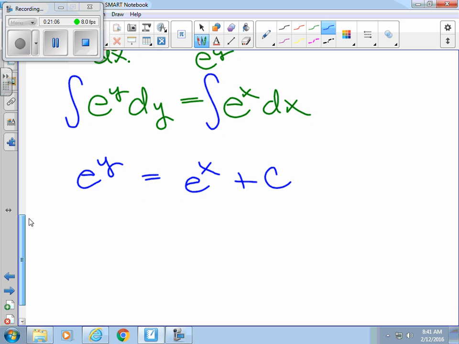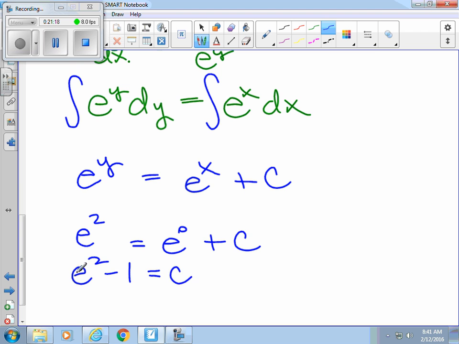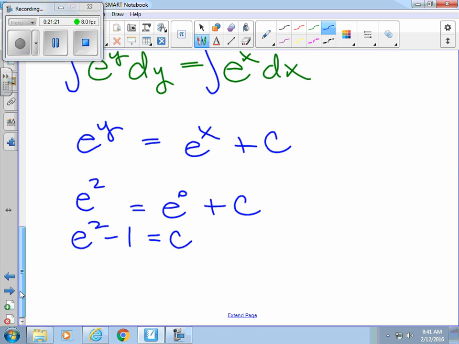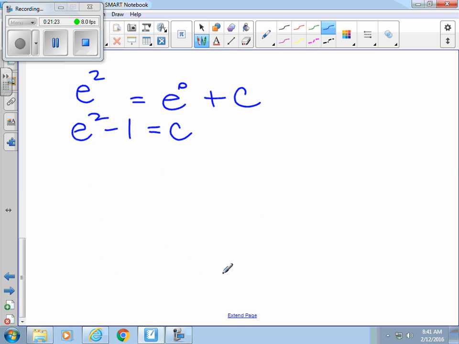X is 0 when y is 2. What's anything to the 0 power? 1. So c is e squared minus 1. So I get e to the y equals e to the x plus e squared minus 1.